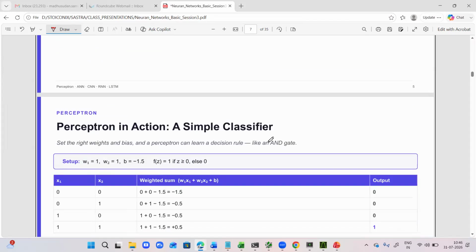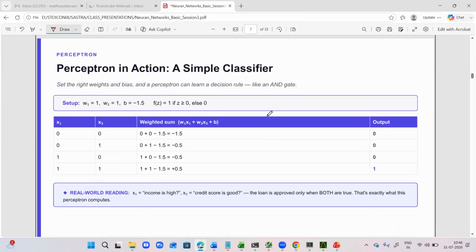We will see that with a simple example here, and then it will become much more evident to you. Let's say the weights W1 and W2 are equal to 1 and the bias is minus 1.5. We are going to build a perceptron that can learn and produce an output like an AND gate.